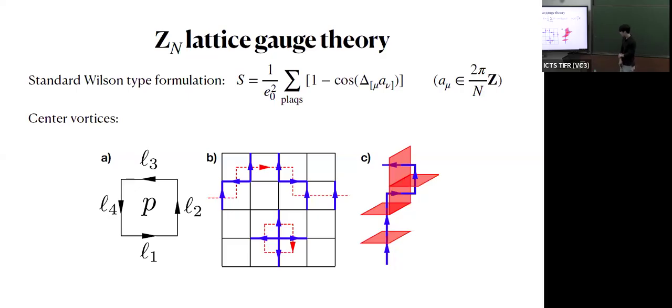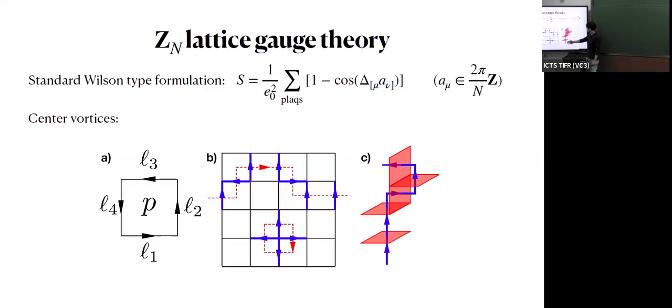So this is the standard formulation of Zn lattice gauge theory. You have link variables A. They're quantized in units of 2 pi over n. This is the action. It's very simple. This is a Wilson type action. And it's very clear what is meant by a center vortex in this theory. Picture a 3-dimensional space-time lattice. So a center vortex has a 1-dimensional world line for simplicity.